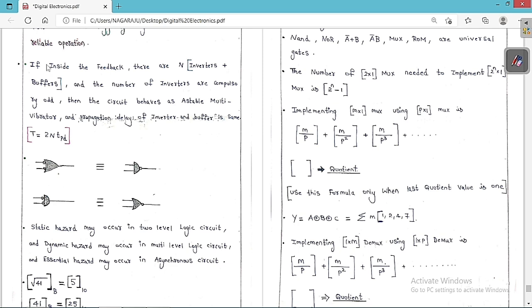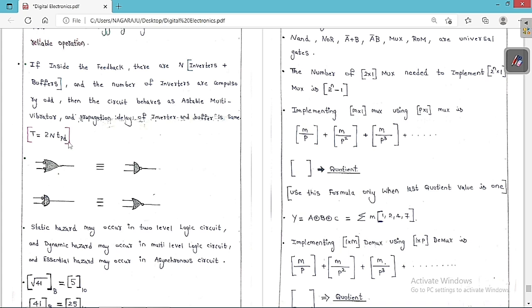So listen carefully. If inside the feedback there are n inverters plus buffers, a combination of inverters plus buffers, and the number of inverters is compulsorily odd, then the circuit behaves as an unstable multivibrator, and if the propagation delay of the inverter and the buffer is the same, then T is equal to 2n TPD. This is an important formula that you always have to remember. Suppose inside a feedback there are some buffers and also some inverters.